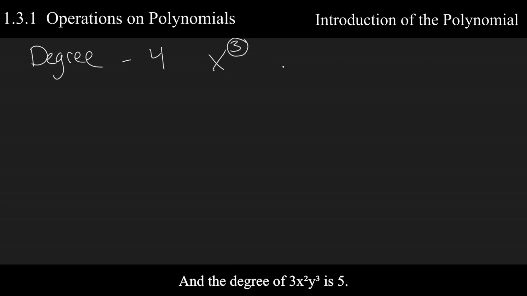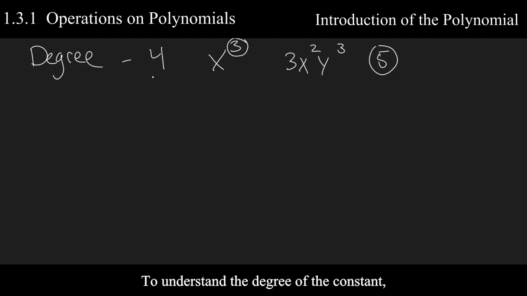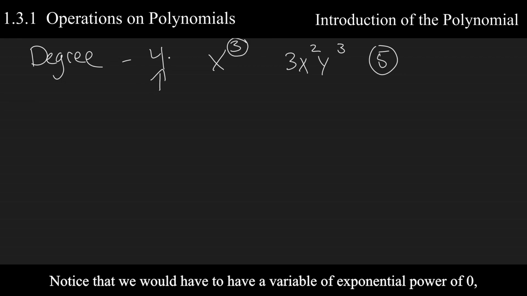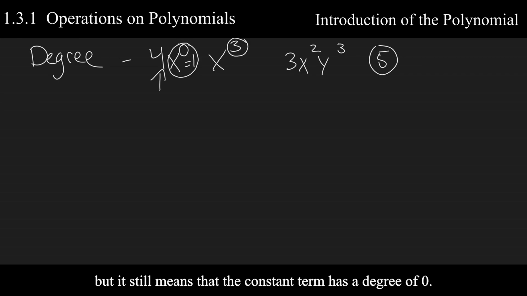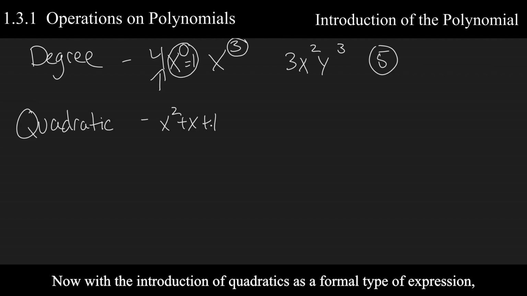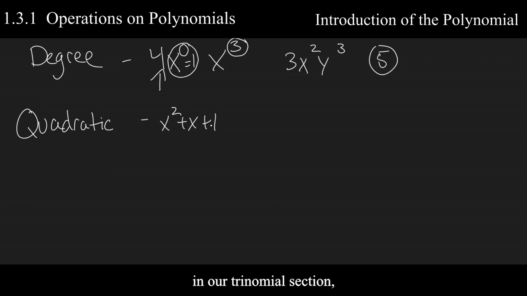And the degree of 3x squared y cubed is 5. To understand the degree of the constant, notice that you would have to have a variable of exponential power 0, which equals 1. So therefore, we don't have to write that, but it still means that the constant term has a degree of 0.